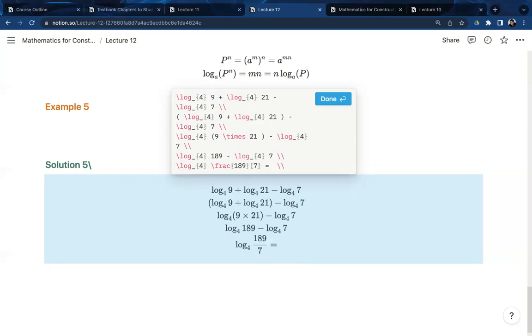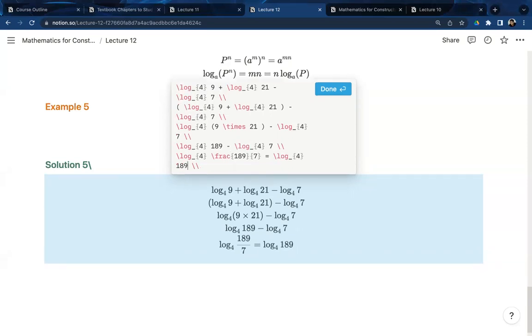Now 189 over 7, that is 27, I think. Because 189 is 9 times 21, and if you divide that by 7, 7 going into 21 is 3, and 9 times 3 is 27. So this is log 4 of 27.